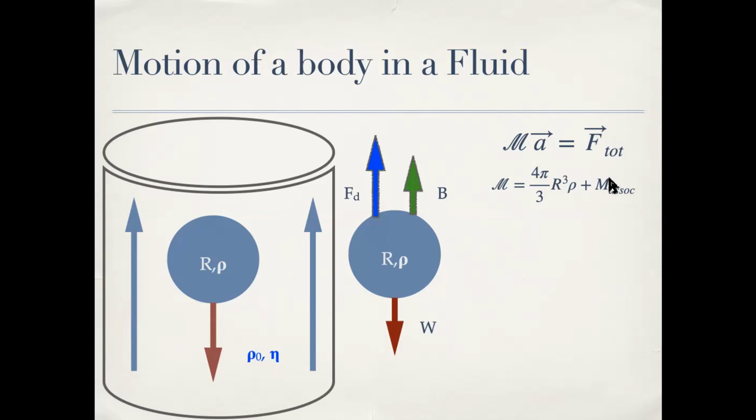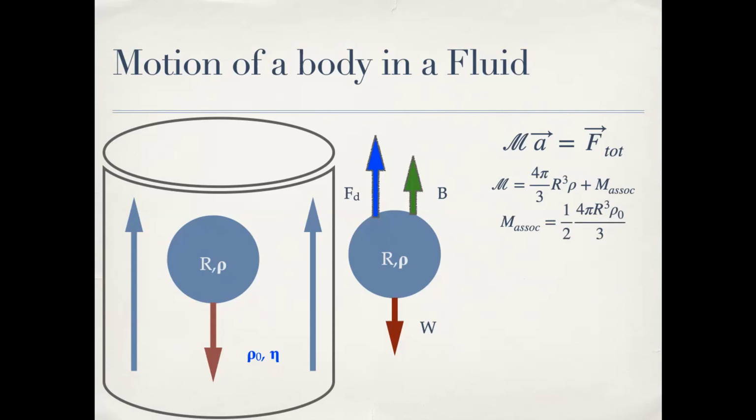And the important point is how we can calculate this associated mass. For a sphere, this is relatively simple. If you think for a while about what is happening when the ball moves a little bit downward, and what is happening above it, then you can easily convince yourself that this is just 1/2 of the mass of the liquid which has to fill up the void behind the sphere.